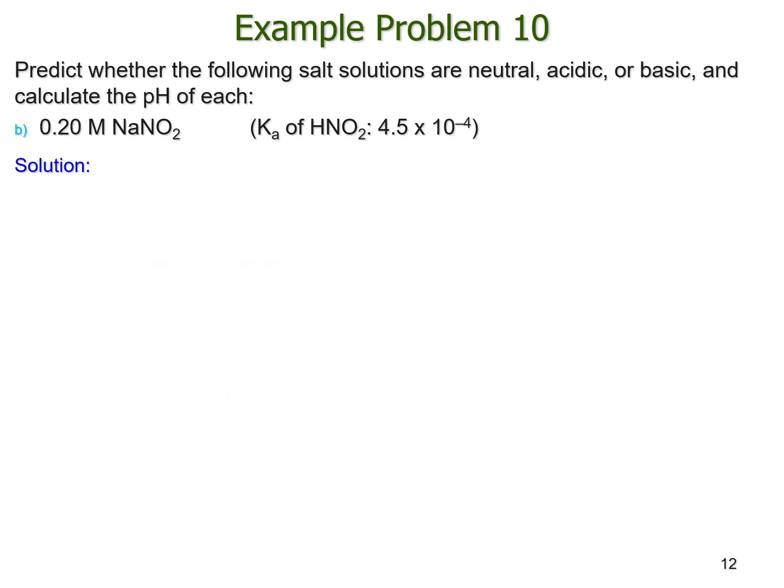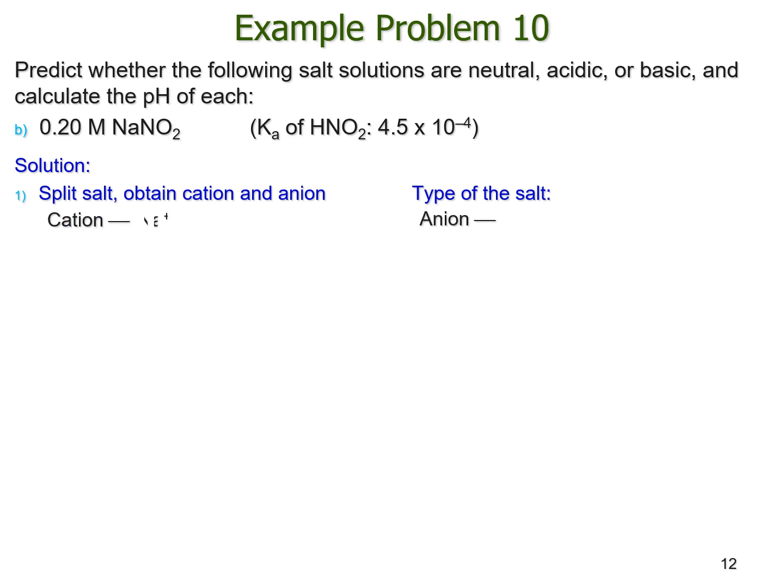All right, in our next question, you probably recognize it's going to be a basic salt. How do we know it's a basic salt for sure? We split the ions. We get Na plus as cation, NO2 minus as anion. We add OH minus, make it sodium hydroxide. Everybody knows it's a strong base. We add H plus to NO2 minus, so we recognize it's a weak acid.